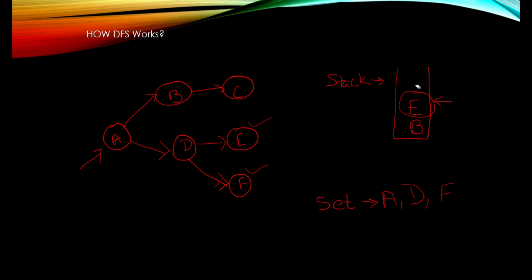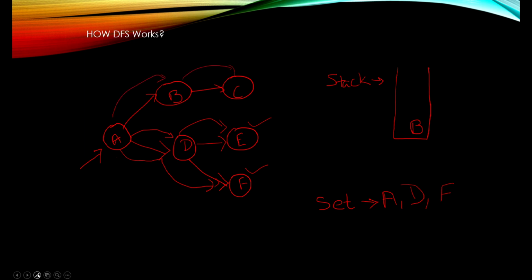There is no child or adjacent to E, so I'm not going to add anything else in the stack. What it means is that I have traversed this path. Now the remaining element of the stack is B, which means that I need to traverse this particular path.